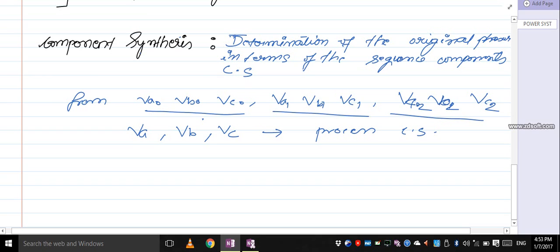So the determination of original phasors in terms of sequence components is called component synthesis.